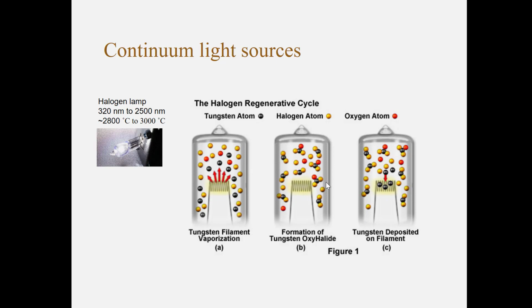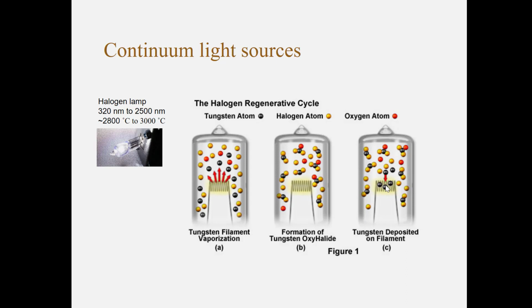So that's these molecules you see here. And these molecules are fairly stable, so that means that they don't break by themselves. The process which breaks them is that when they come in contact with the hot wire, they break, and then they deposit the wolfram or the tungsten back onto the wire again.